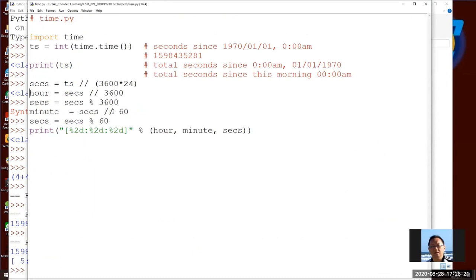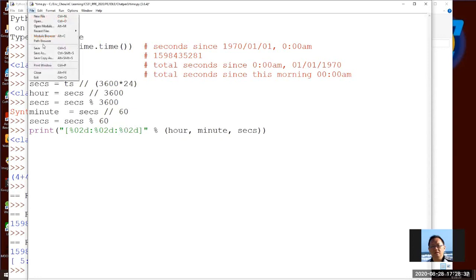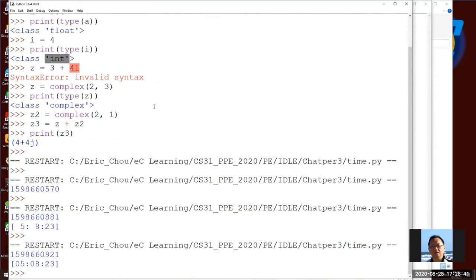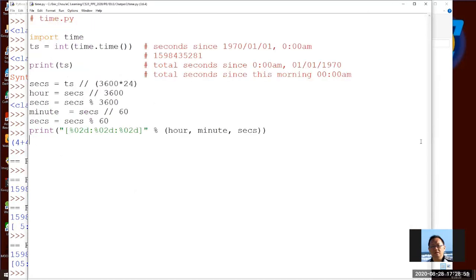Minutes divided by 60. So here, let me put 0, okay? Why is it actually correct? No, I think something is wrong over here. Okay, let me see.